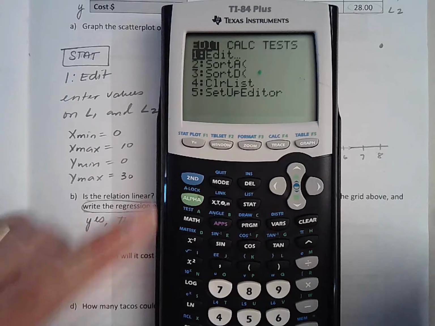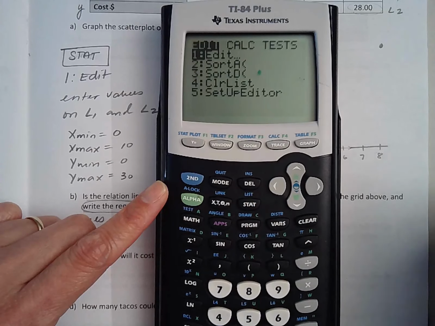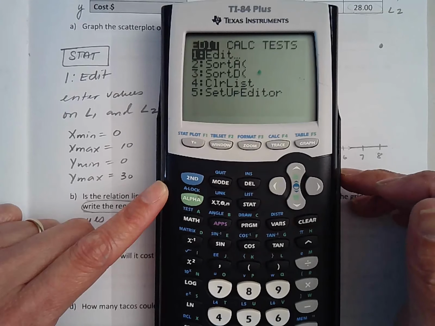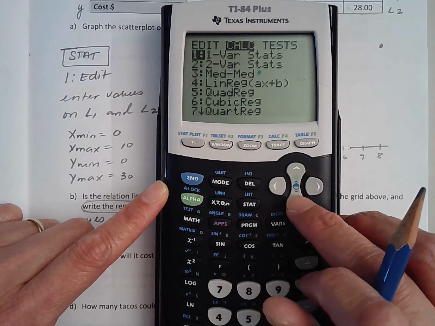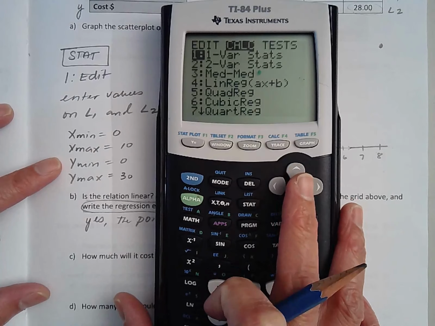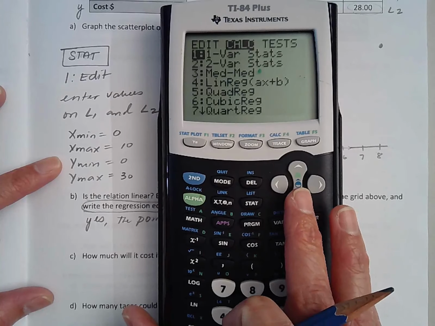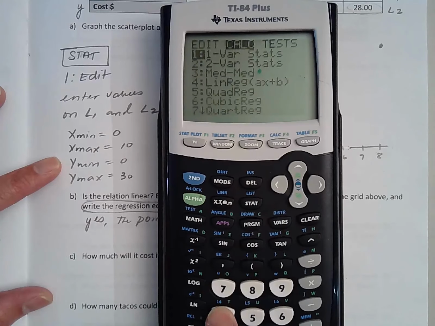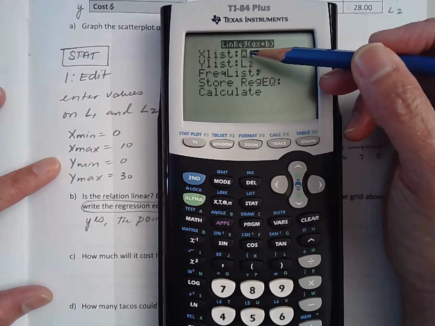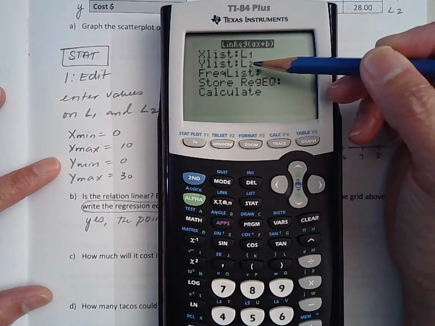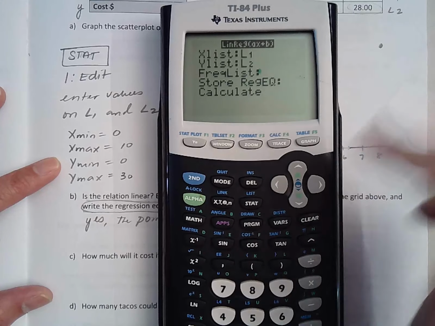Just stat, then calc, then 4. And then it's going to ask whether it's X in L1 and Y in L2.